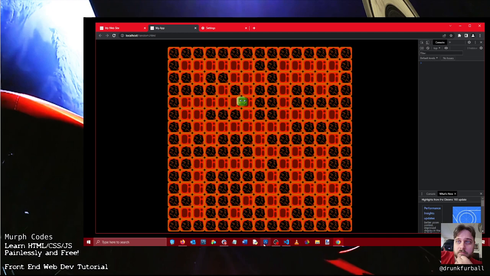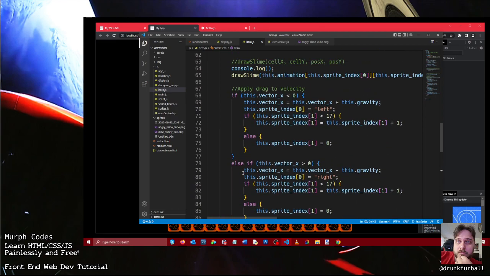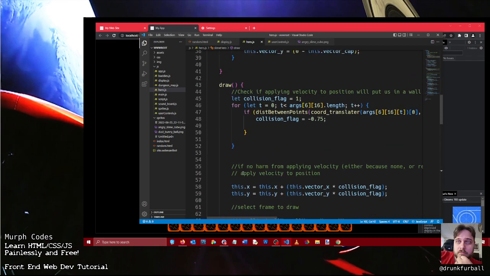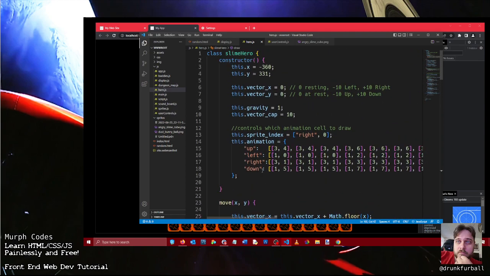Easier to see when he's not zipping quite so fast. So maybe we turn down the velocity here.